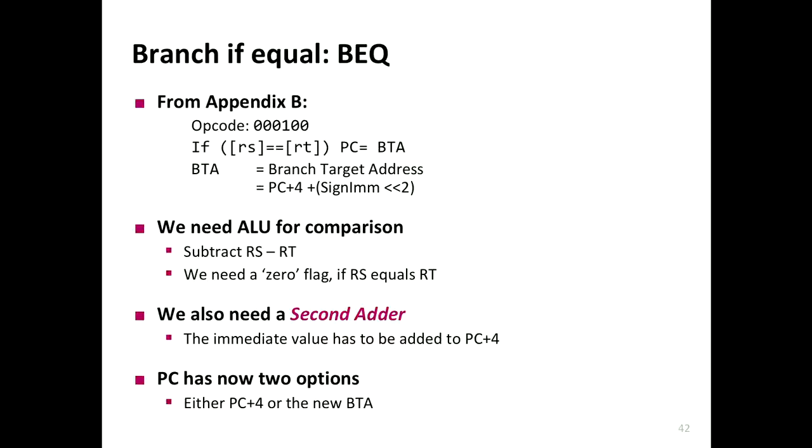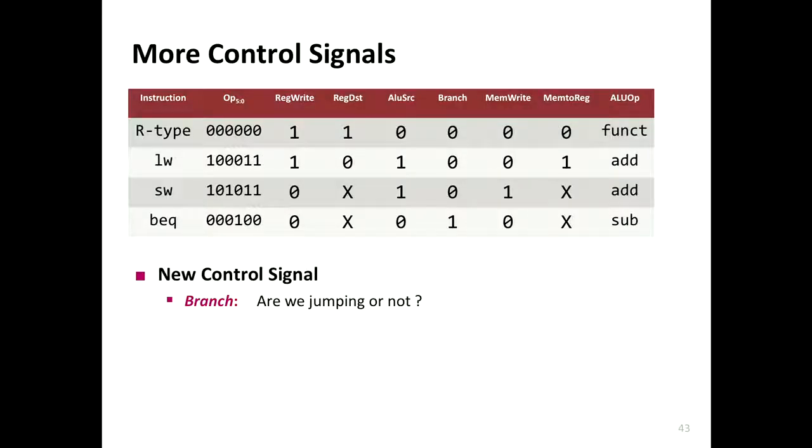So you need some way to multiplex the PC addresses as well. For which we will add a new control signal, called branch, which will just indicate whether you're going to have a jump instruction or some kind of branching or not.